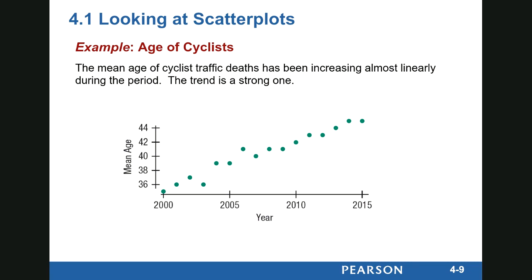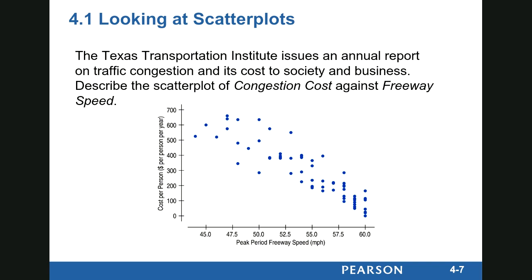What about if I go to this slide and I asked you about the response variable? What's my response variable? So yes, cost per person or congestion cost would be the correct answer. Yes. So that's my response variable.